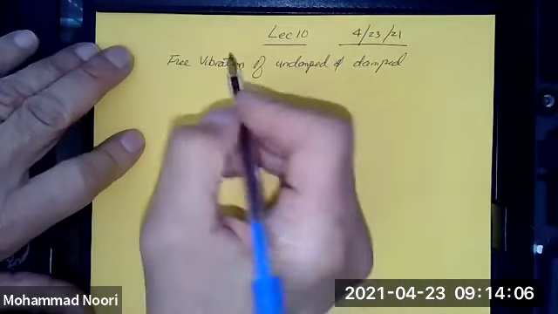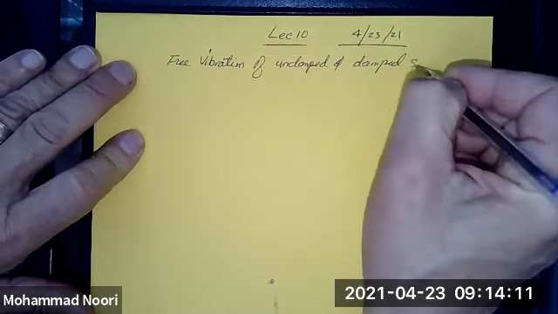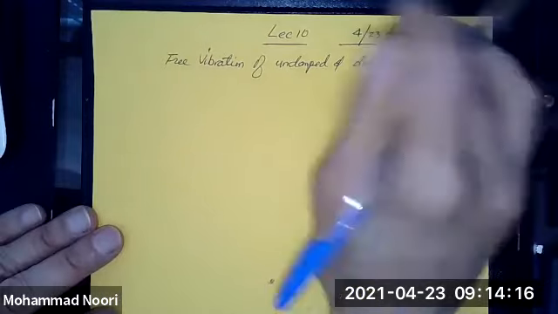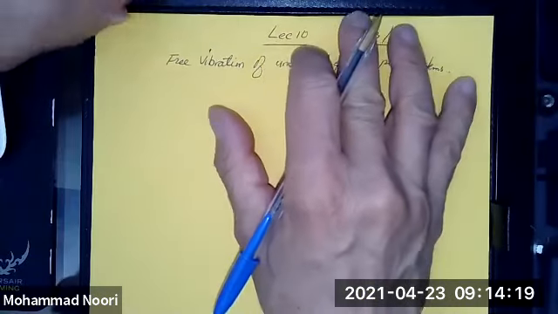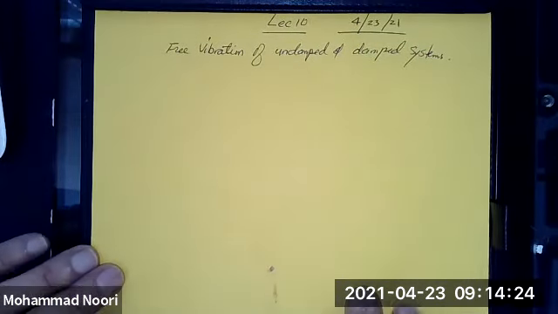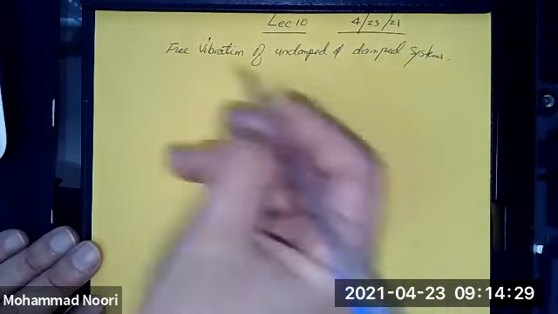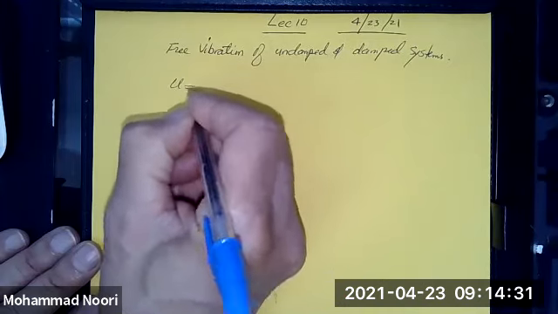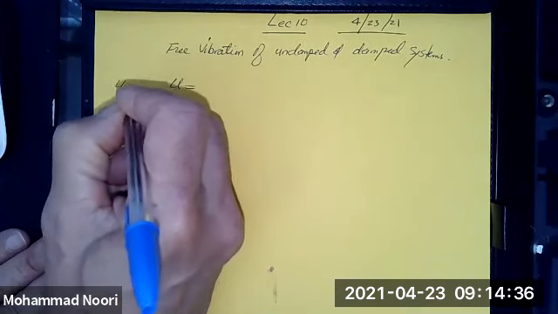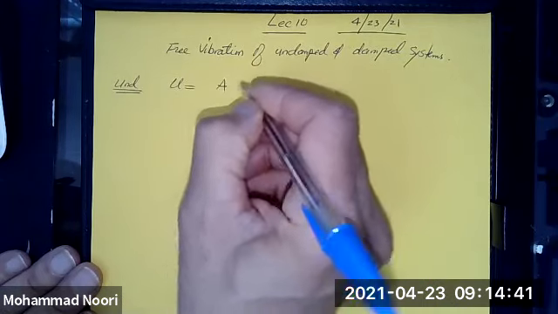So far we have discussed the free vibration of undamped and damped single degree of freedom systems. So I just want to remind you, or rewrite, something that we will use later, even including the lecture today: the response in the case of an undamped system, the motion was of this form, right?